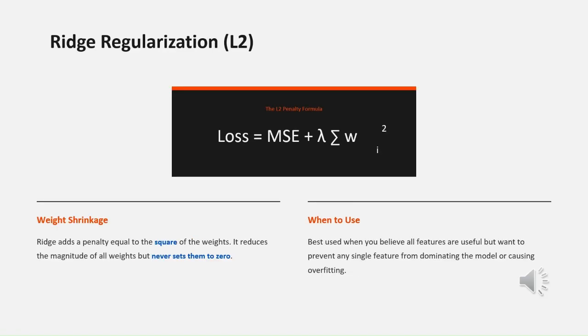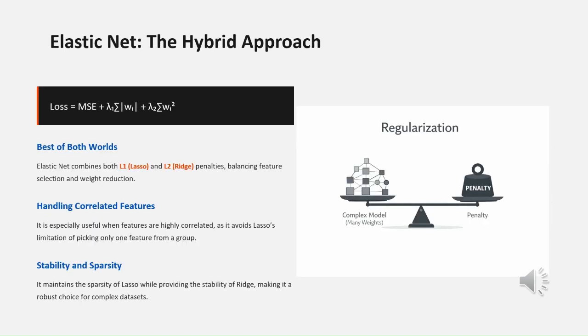Whereas ridge adds a penalty to the square of the weights, where it doesn't reduce weights to complete zero, but it shrinks the magnitude of all weights. It assumes all features are useful, but we want to prevent any single feature from dominating the model.